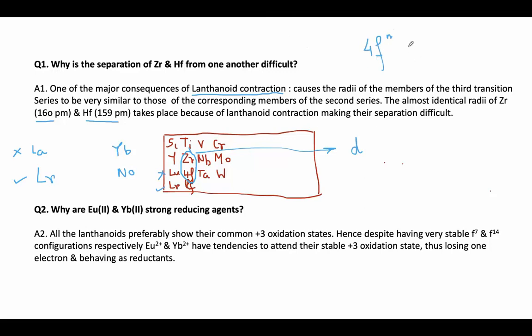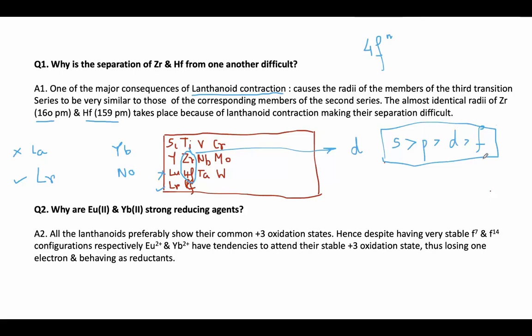Now these f electrons have very poor shielding power. You know, the shielding power is in the order s greater than p greater than d greater than f. So this is the order of shielding of different orbital electrons. The f orbitals have the least effective shielding ability.